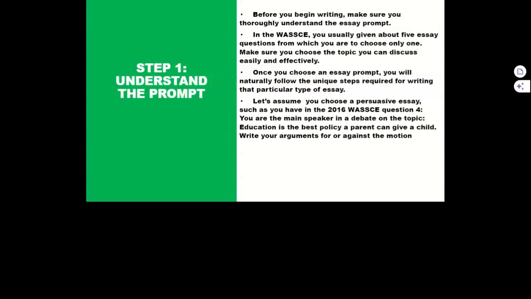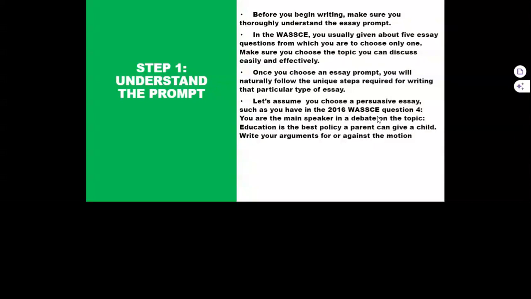Okay, now let's assume you choose a persuasive essay. That is what we call debate writing, a debate writing question, such as you have in the 2016 West African Senior School Certificate Examination question number 4, which is as follows.